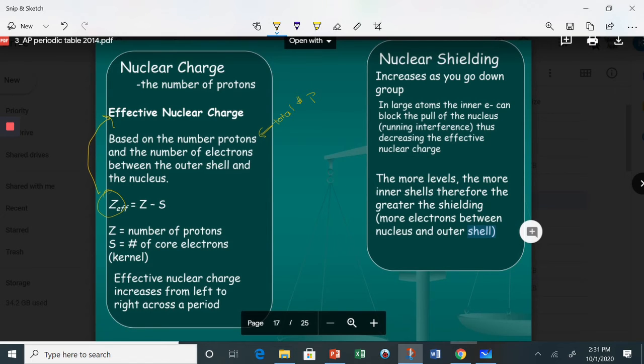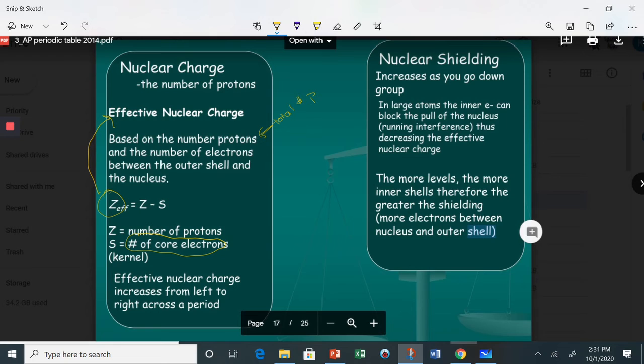And so it's a difference between your total number of protons and the number of core electrons. So you've got to be careful with the Z effective. In other words, it's looking essentially at your difference, almost like your valence number, but now it's positive because you're looking at how many protons are left to hold on to the electrons that are in your valence shell.